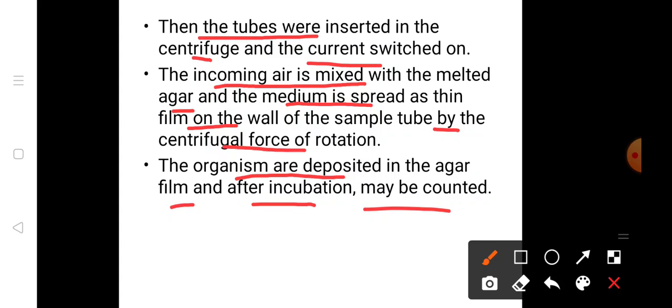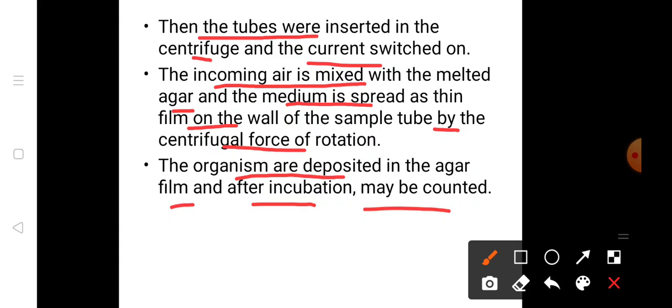Just remember that the centrifuge is based on the principle of centrifugal force, and when air comes in a circular direction at a high speed, the suspended particles impact onto the collecting surfaces by a force proportional to the particle velocity and the mass. There are two types of centrifuge, the first type we have seen and the second type.